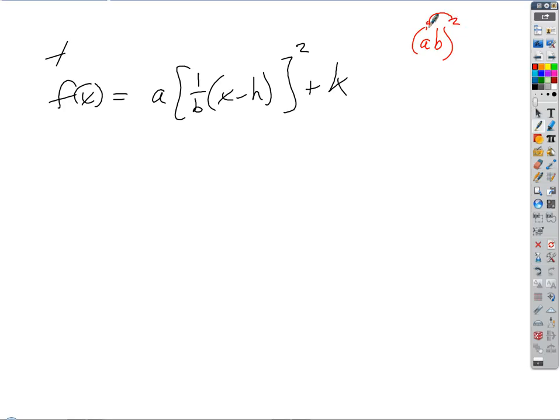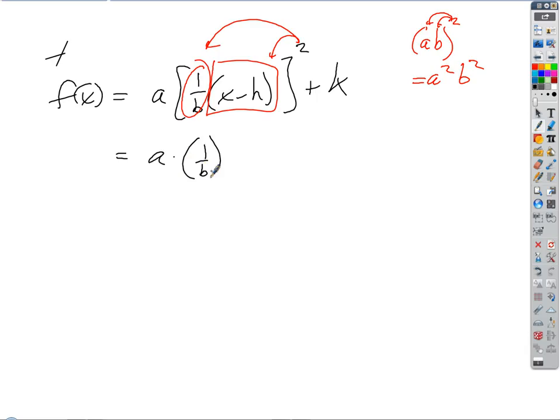So I can distribute that exponent to both parts and get a squared times b squared. So instead of a and b, this time we've got 1 over b times the quantity x minus h. Those are my two factors instead of a times b, right? So I could take that exponent 2 and split this apart into a times the quantity 1 over b squared times the quantity x minus h squared, plus k, right?